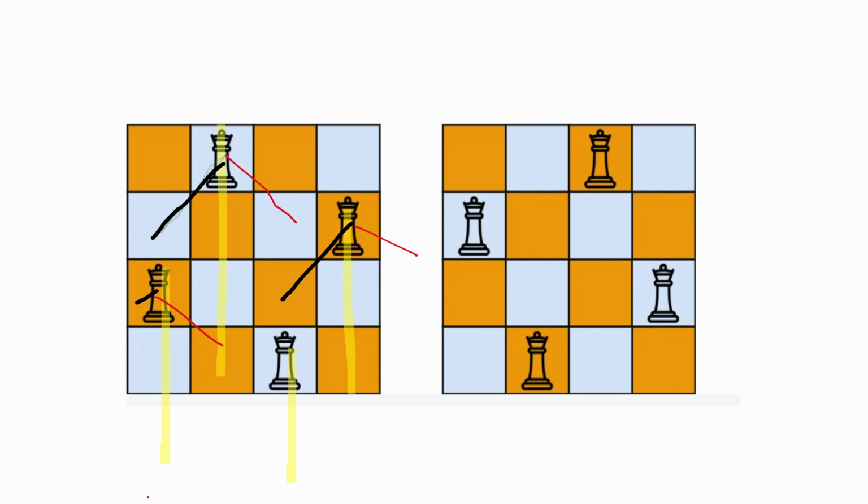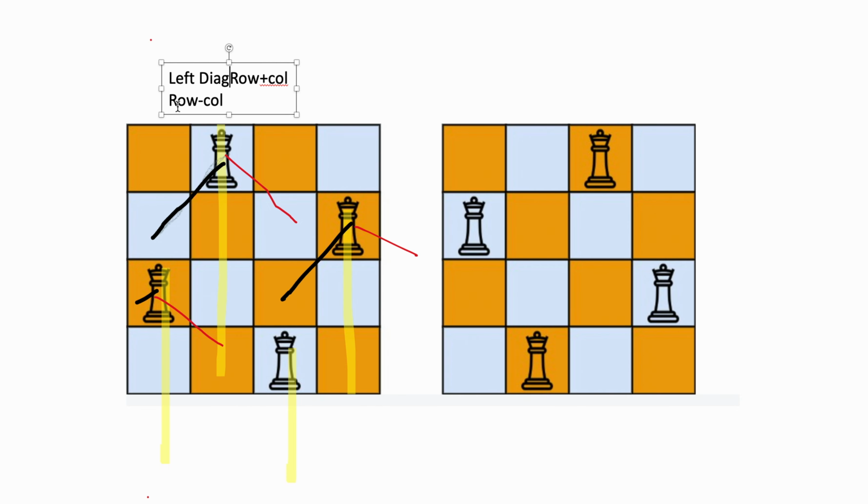The point is, how can we find out that a queen is being attacked diagonally by another queen? There are simple formulas to calculate this. A queen's left diagonal elements abide by a simple formula, which is row plus column, and a queen's right diagonal abides by the simple formula of row minus column.